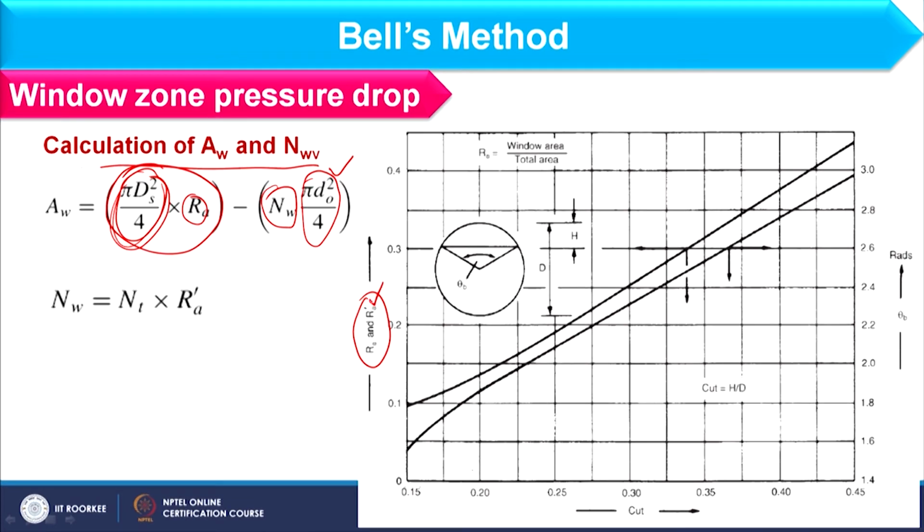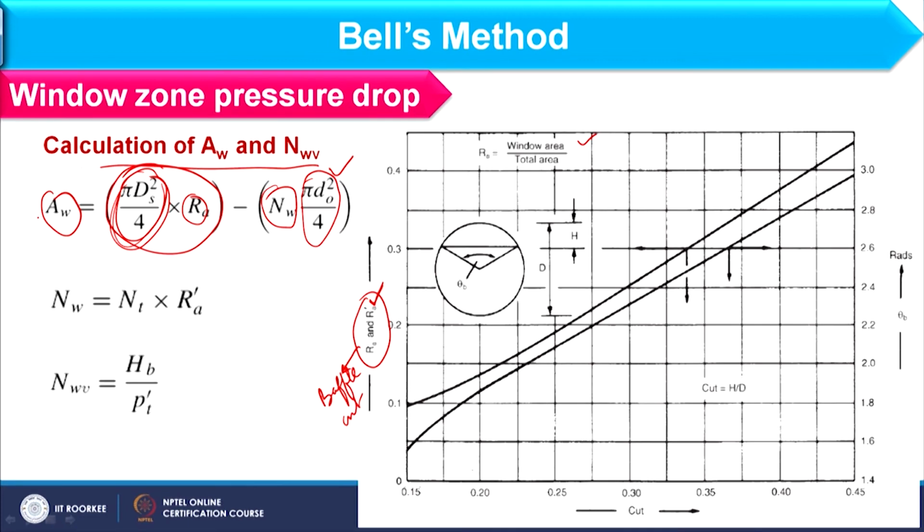RA dash you have already obtained to calculate the window correction factor in the heat transfer coefficient, so the same value you can consider. RA is basically window area by total area, which we have already discussed. RA will depend on baffle cut, and RA dash will depend on bundle cut. So using this curve you can find out the RA and RA dash values, and then you can find out AW.